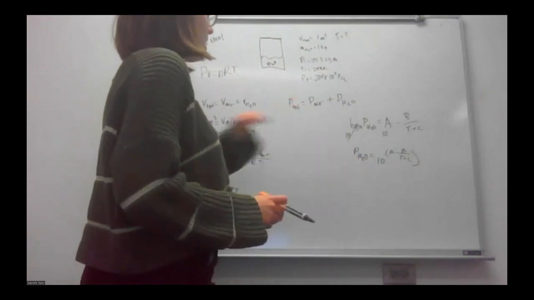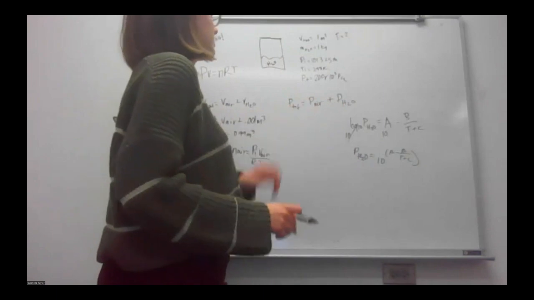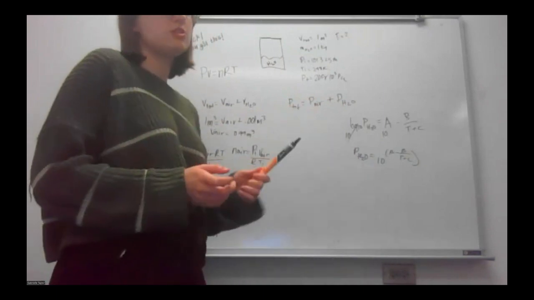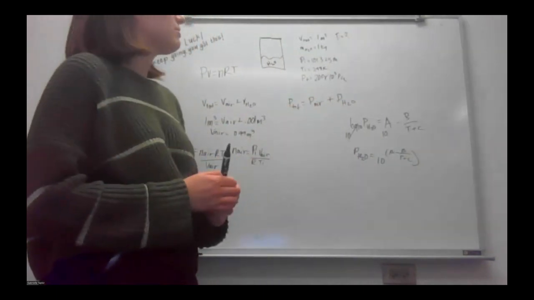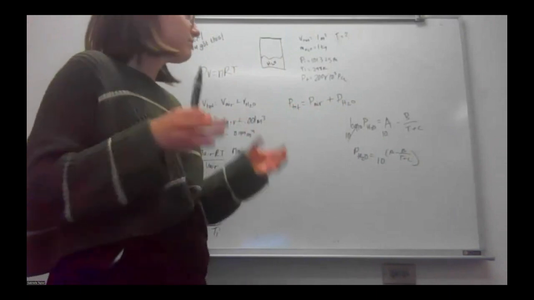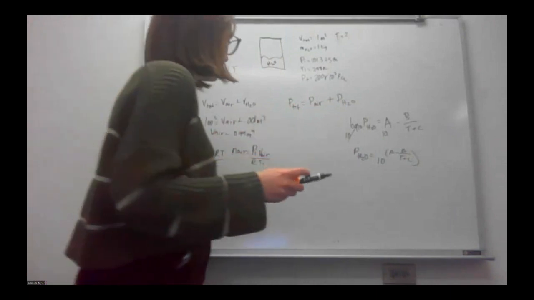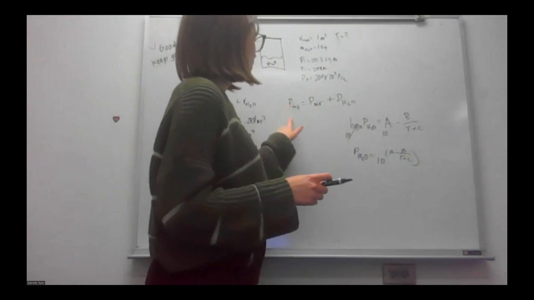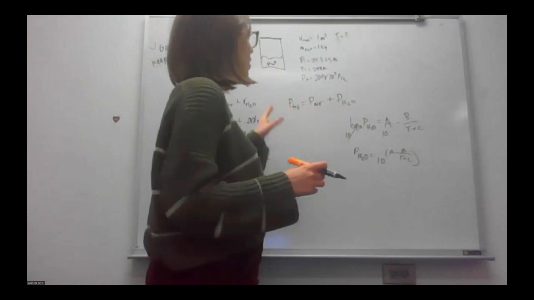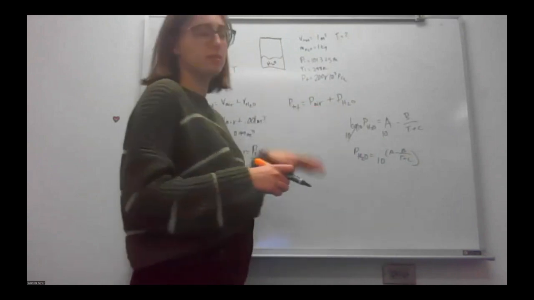Now we want to make this equation equal to 0, because when we put this into our code we want to find its roots, and to find a root the expression has to equal 0. So we subtract P total, which is our P final.